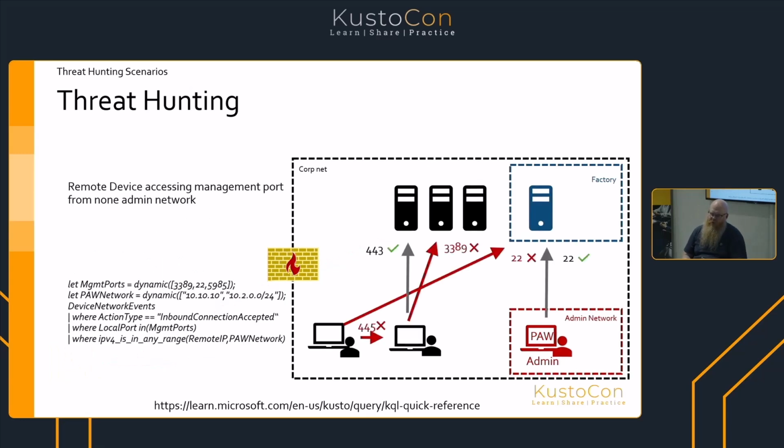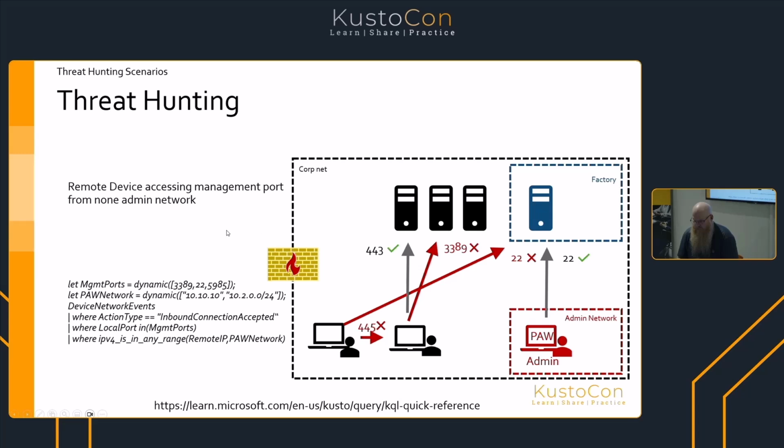Another scenario: you can use this as a custom detection, or if you want to use it as manual hunting. The hunting itself could be proactive hunting or reactive hunting. But in this example, I create a variable of the ports I want to look for.